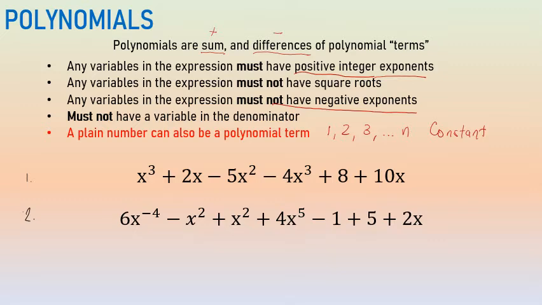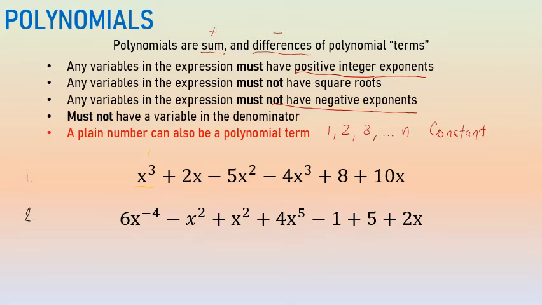We said the first definition is that a polynomial is a sum and difference of polynomial terms. So, where are the polynomial terms? Polynomial terms are separated by our operations. We have here the first polynomial term, x cubed.